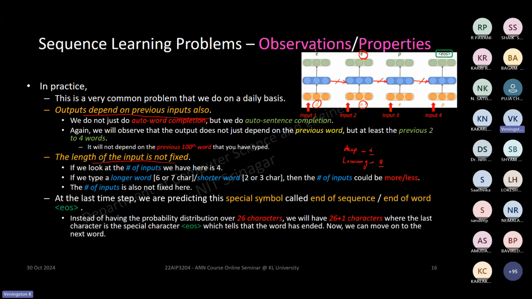It is also a kind of classification problem. You can model the auto word completion or auto character completion as a classification task, where you are assigning one class label out of 26 characters at every time step. So after typing D, it is a 26-class classification problem, in which you assign a probability value across all 26 classes, and the one which is most dominant is going to be recommended or suggested by the system.